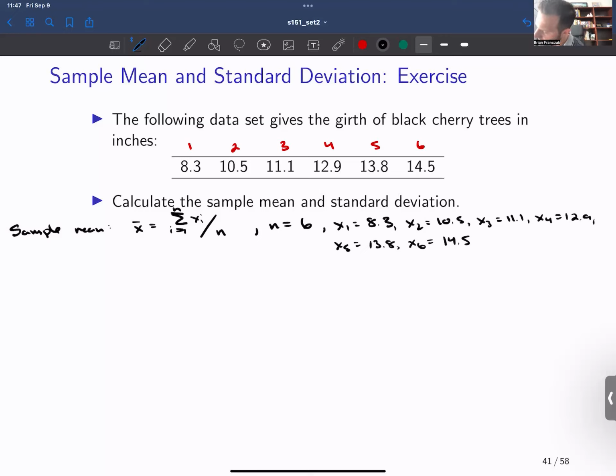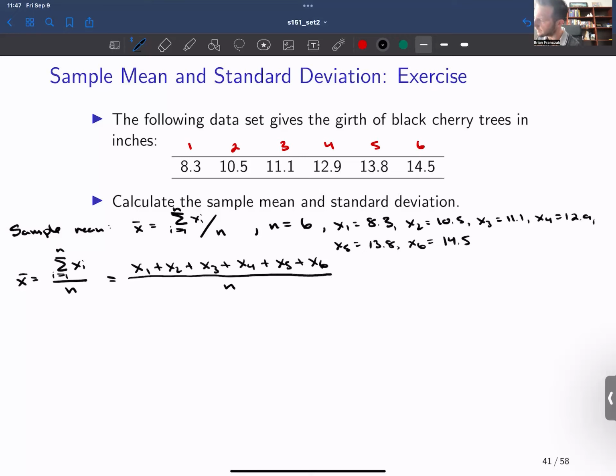For my sample mean, x bar is equal to the sum from i equals 1 to n of xi over little n. This is telling me x1 plus x2 plus x3 plus x4 plus x5 plus x6 divided by little n.